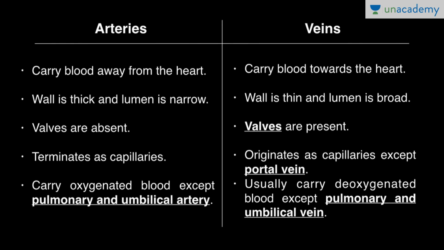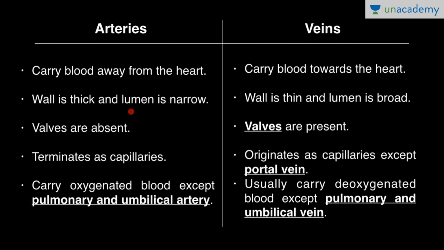Now this is a comparison between arteries and veins. Arteries carry blood away from the heart. This is the main definition of arteries. They carry blood away from the heart, and the veins carry blood towards the heart. So all the blood vessels carrying blood away from the heart are arteries, and those towards the heart are veins. Their wall is thick, that is, the three layers, tunica adventitia, media and intima.